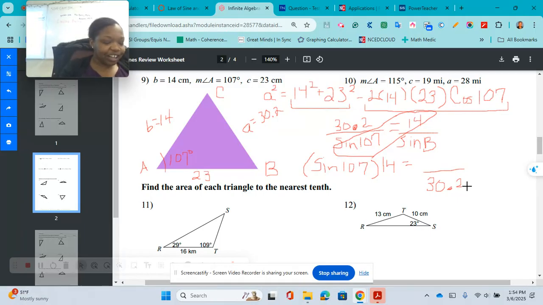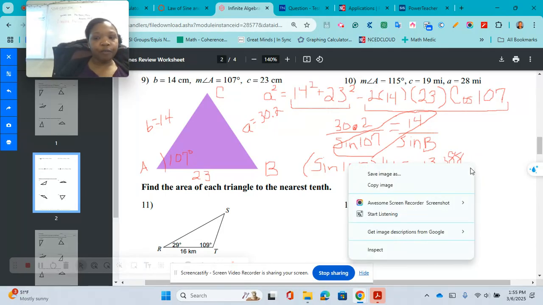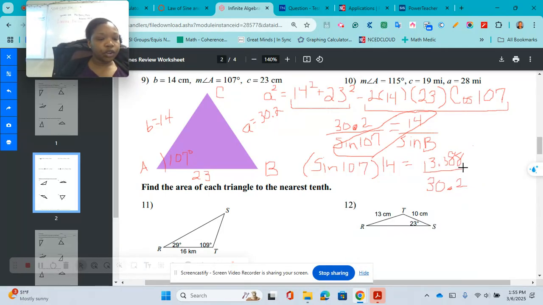So the sine of 107 times 14, we have 13.388. Divided by the 30.2, and we end up having 0.4433.